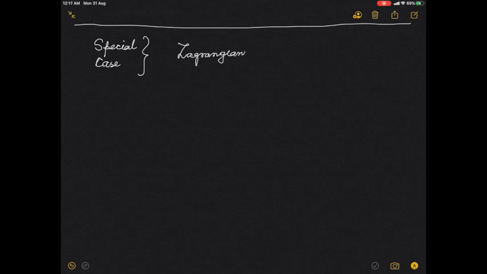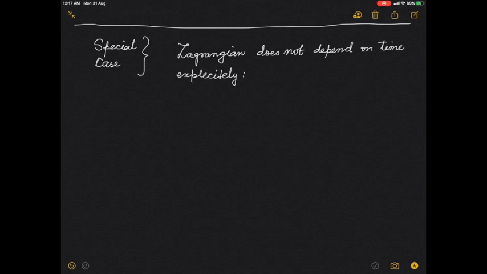Okay, special case. The Lagrangian does not depend on time explicitly, which means L just depends on qi and qi dot and no t.